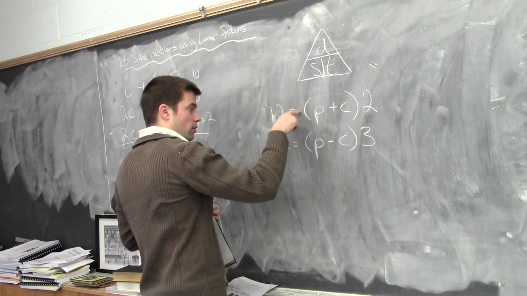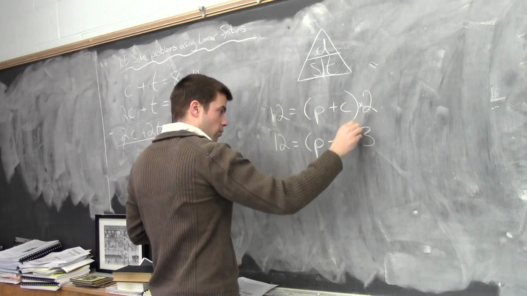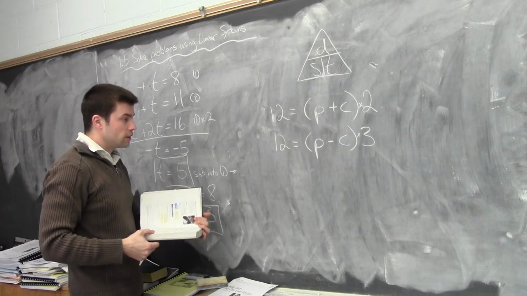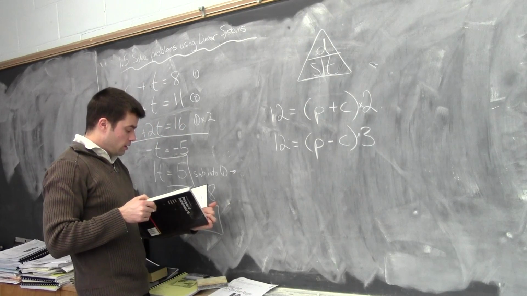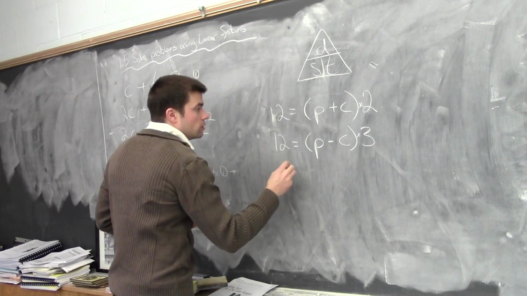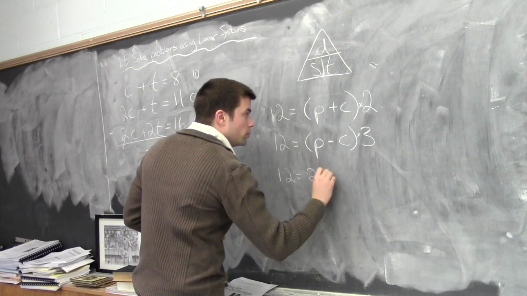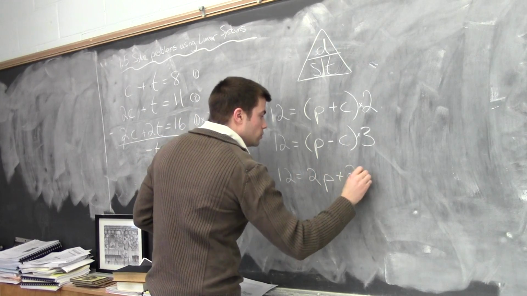And you could have put this 2 at the front or this 3 at the front. Either way, it's multiplication. All right, so I'm going to expand now and simplify these two. So we have 12 is equal to 2p plus 2c.